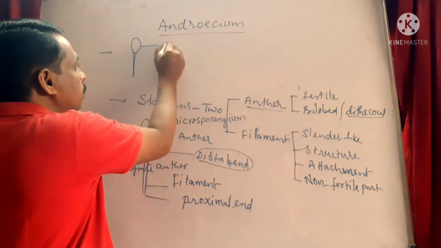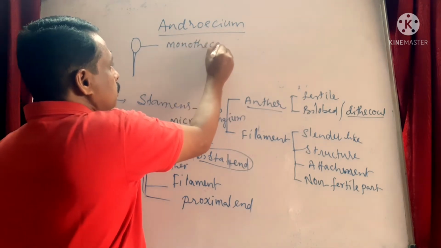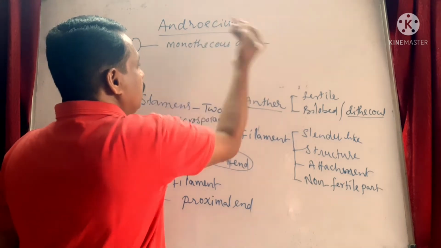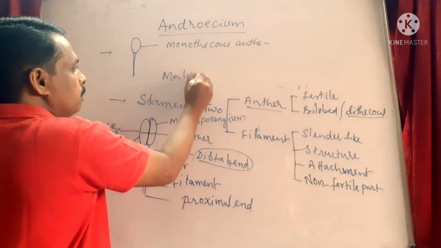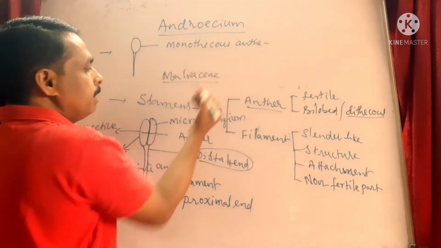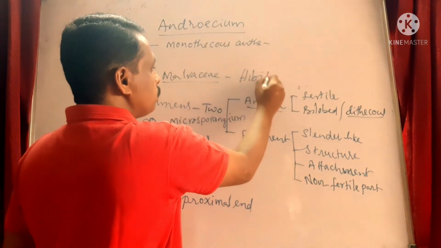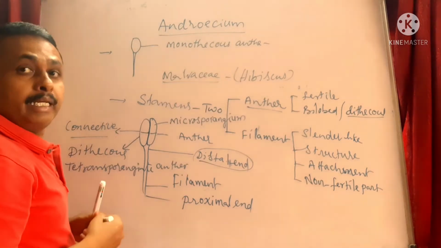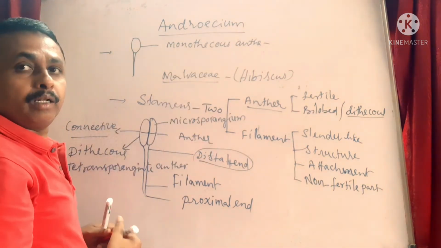That's why this anther is called monothecous anther. It is present in the Malvaceae family. The best example is Hibiscus. In these members, we can see a single-lobed anther, otherwise called monothecous anther.